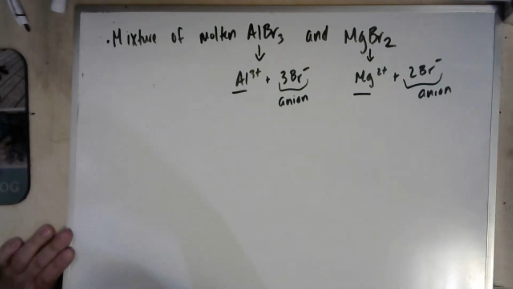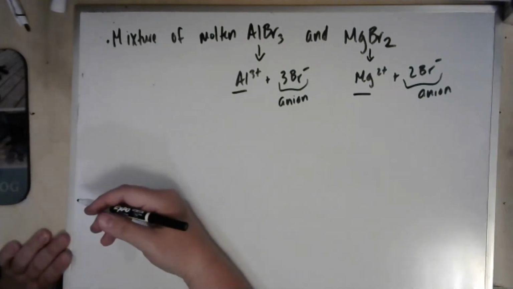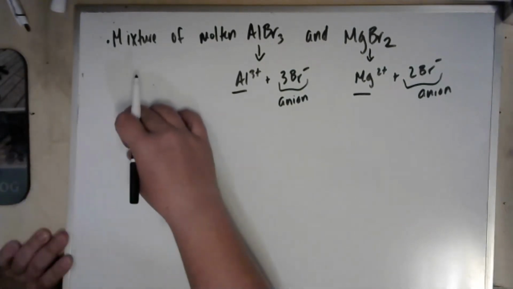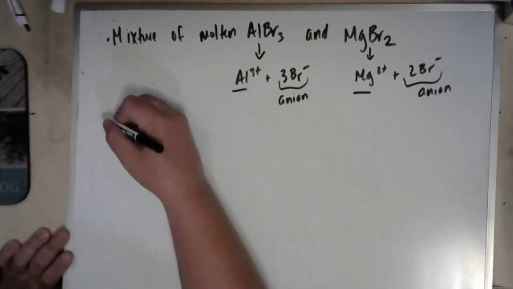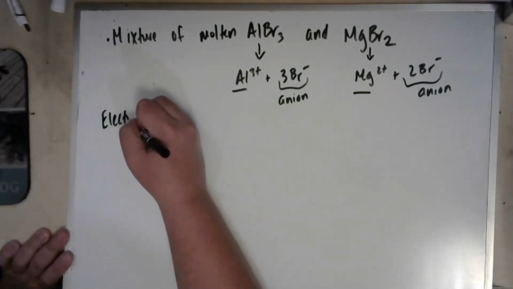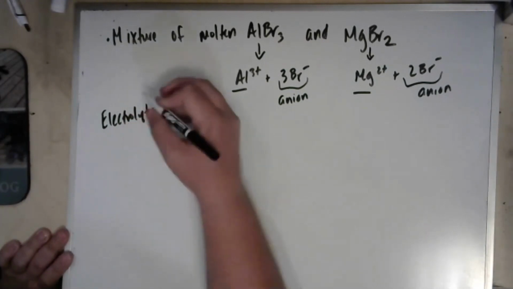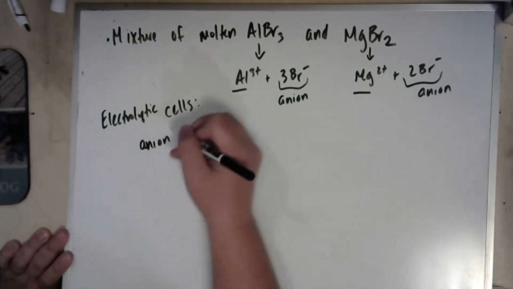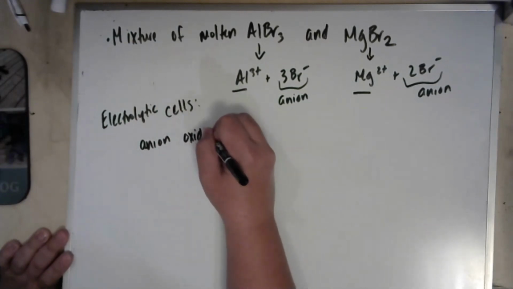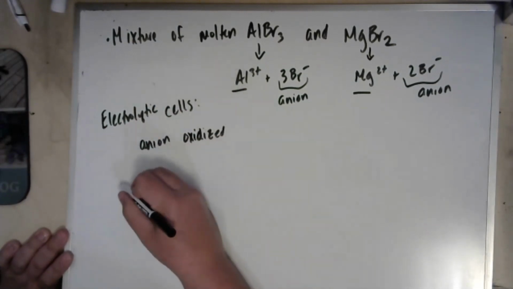In your electrolytic cells, the anion is going to be oxidized and the cation is going to be reduced. So let's write that down.